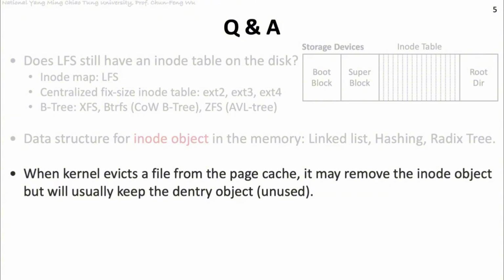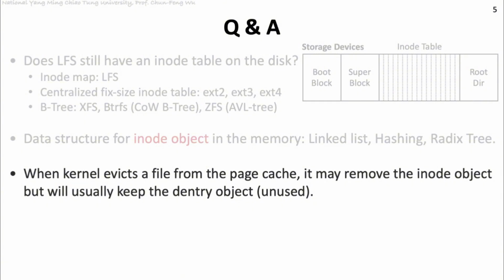This statement is correct, because we usually use the inode object to describe the data inside the page cache, the data blocks in the page cache. So if we remove a file, we are going to remove the data blocks correlated with this file, so the inode object will usually also be removed.